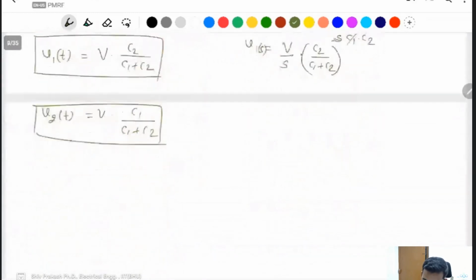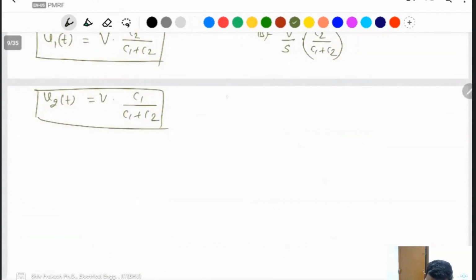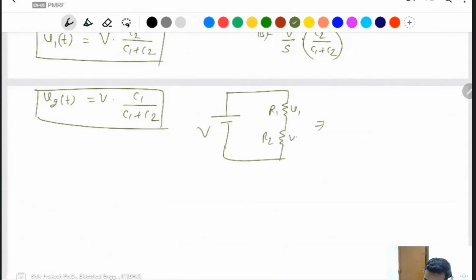If you have a resistance voltage divider with V, R1 and R2, then V1 is V multiplied by R1 divided by R1 plus R2, and V2 is equal to V into R2 divided by R1 plus R2.